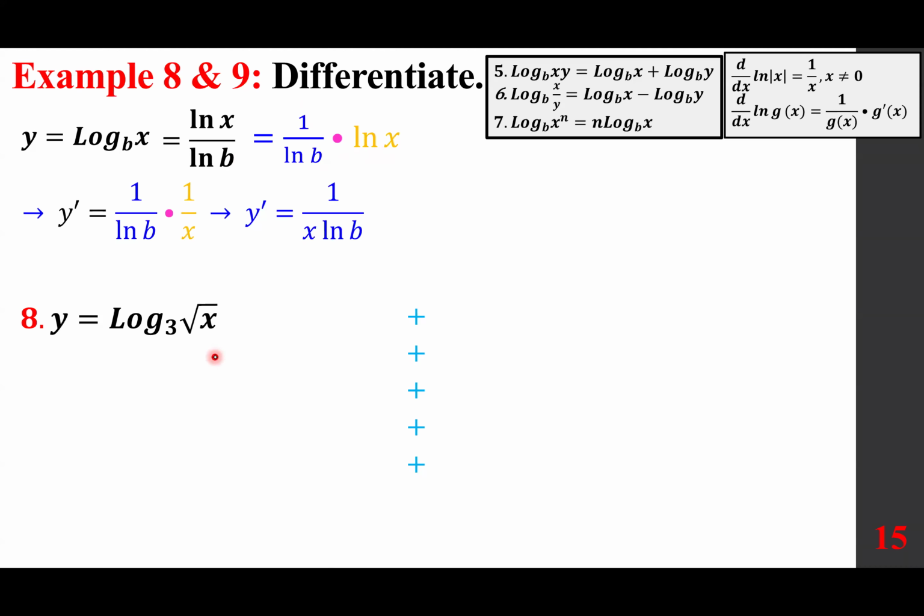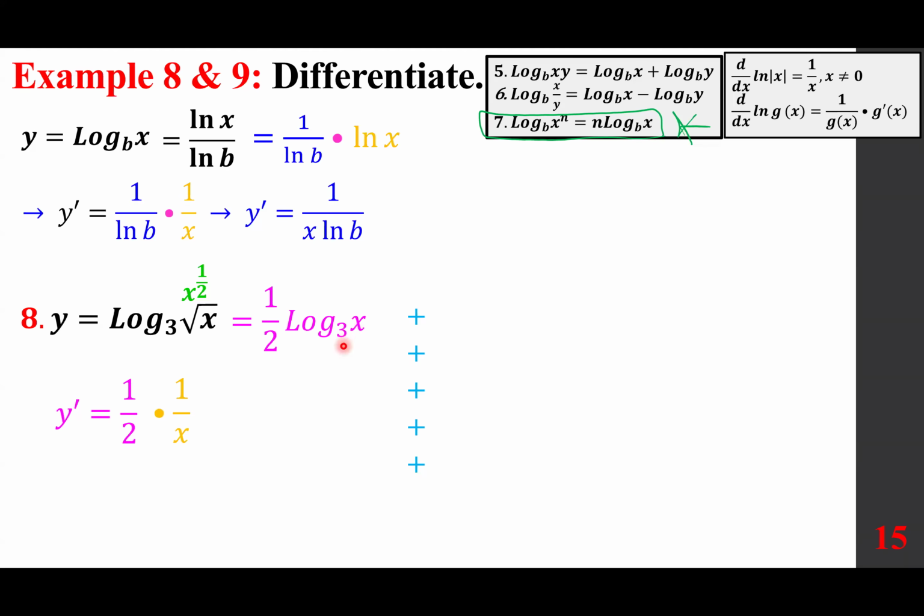So we're going to do the same thing here. However, we notice this is the square root of x. We're going to rewrite it as x to the power of 1/2. Using number 7, the power rule, we're going to put the 1/2 in front. We have completely decomposed the log, and now we are going to use differentiation. To differentiate this, first and foremost, the 1/2 remains as a coefficient, as a multiplier. So you flip this over, 1 over x.